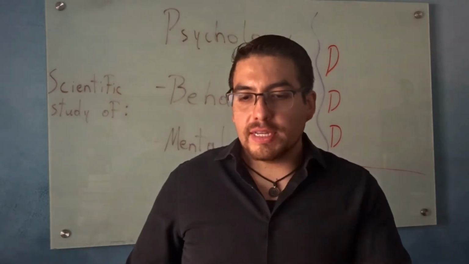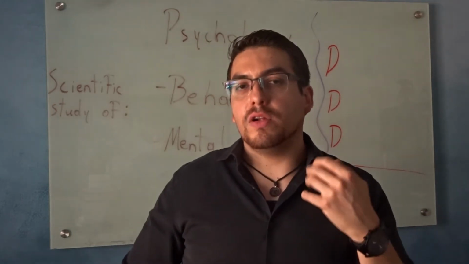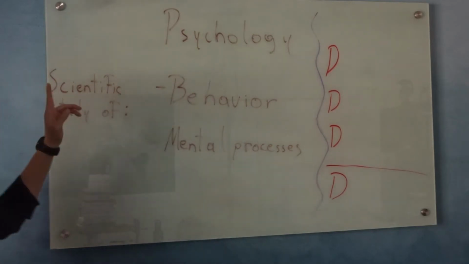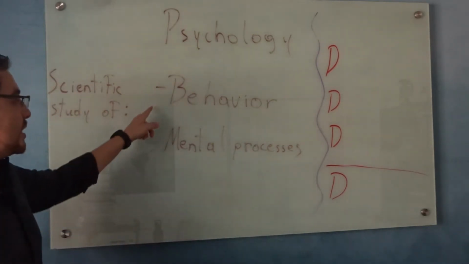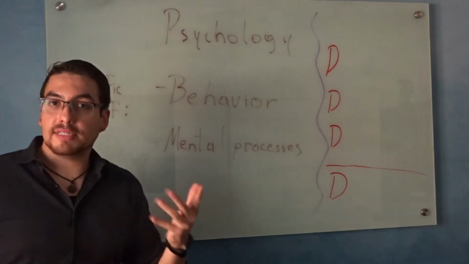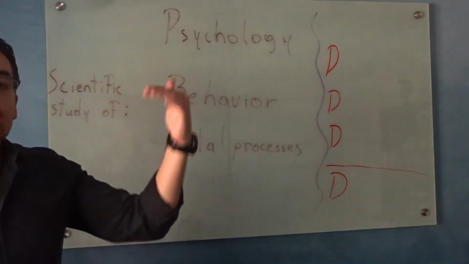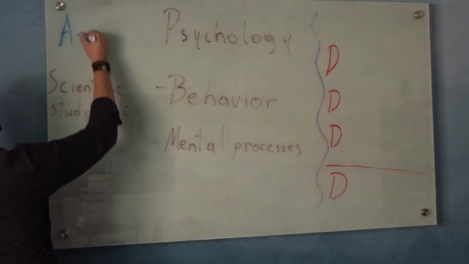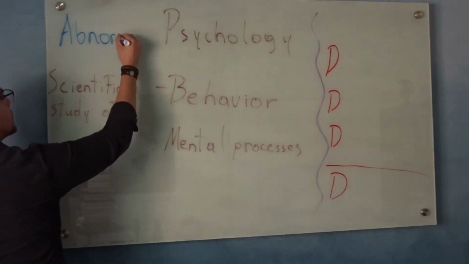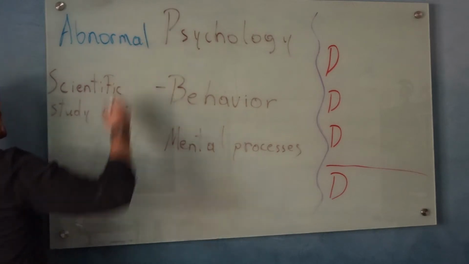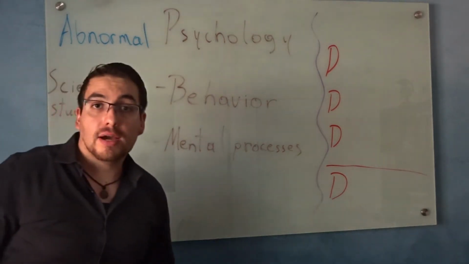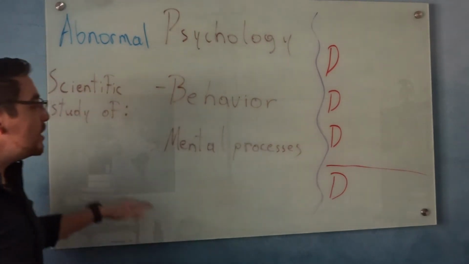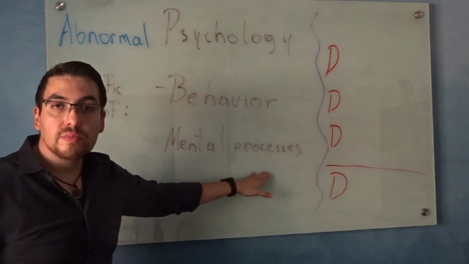Now, first thing is we want to go back to the overall definition of psychology. So psychology is the scientific study of behavior and mental processes. When we add the word abnormal, now this becomes the scientific study of abnormal behavior and abnormal mental processes.